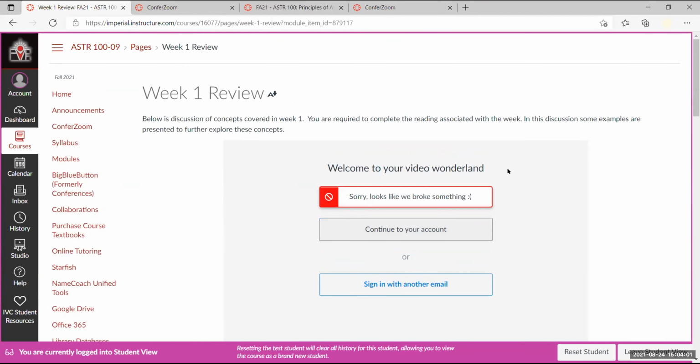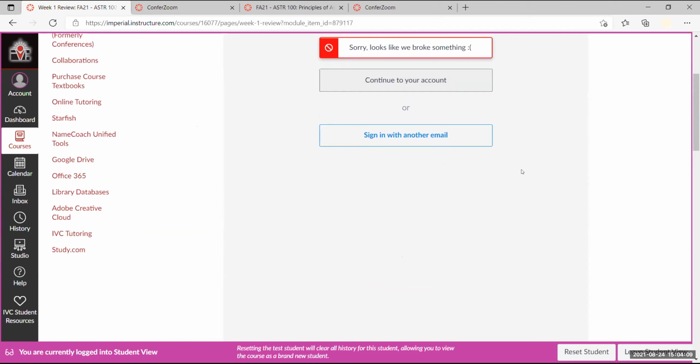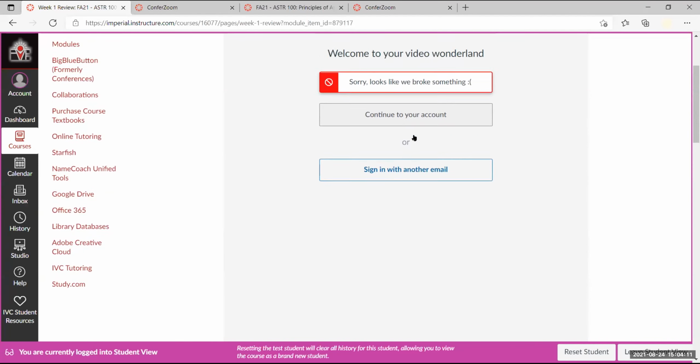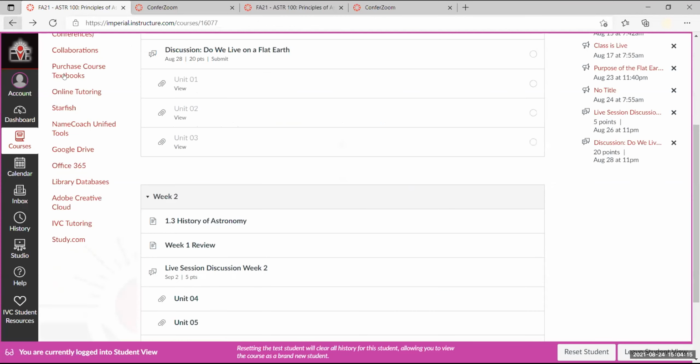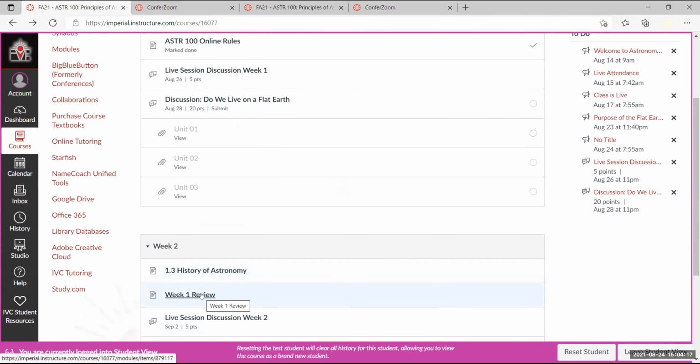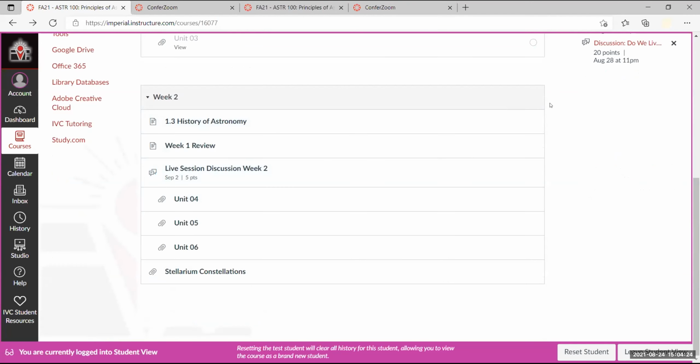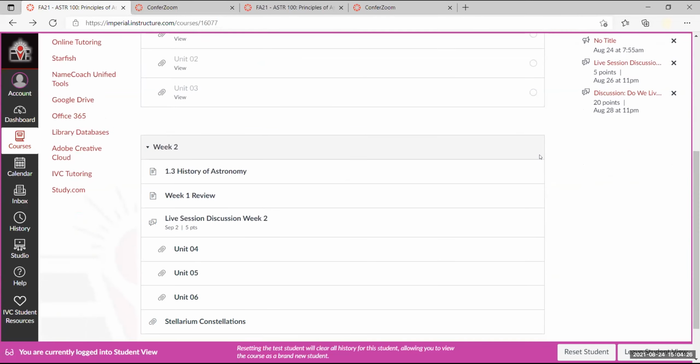Yeah, because I'm using a non-existing student called the test student, I cannot see these things. It's asking me to sign in because this account is not a real account. Anyway, for you, when you click in here as a student, of course, you have to go in order, and it's just to view things, and it's not really like the first week where there was the sequencing.